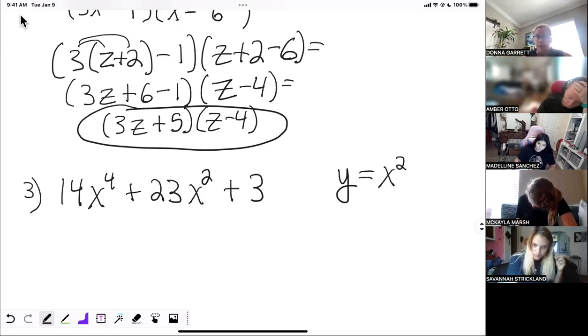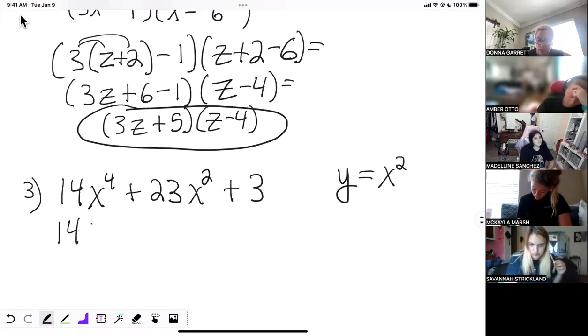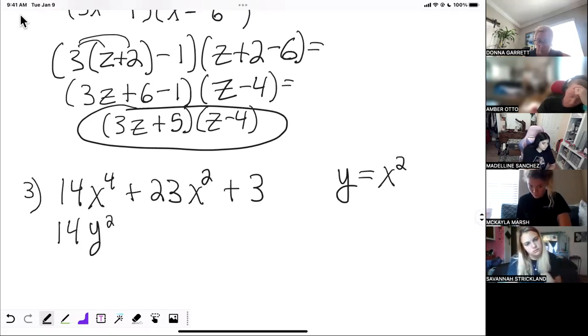If y is x squared, then this is going to become y squared. Do you see why? x to the 4th is x squared squared.